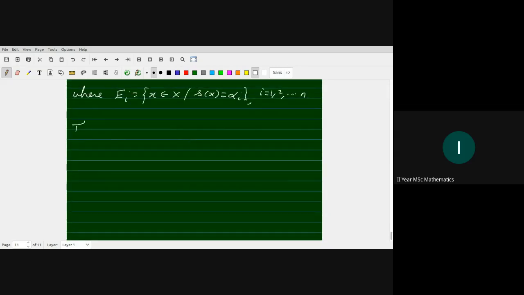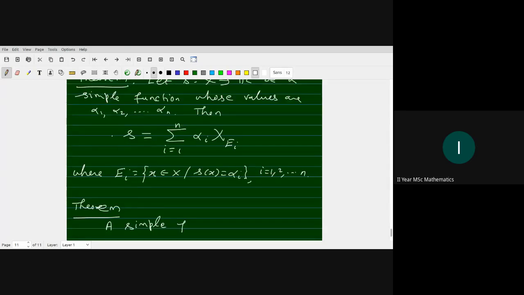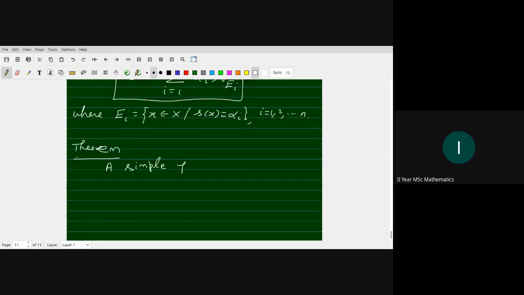So the next result: every simple function can be represented by this. So this is a representation of a simple function. Every simple function has this representation.